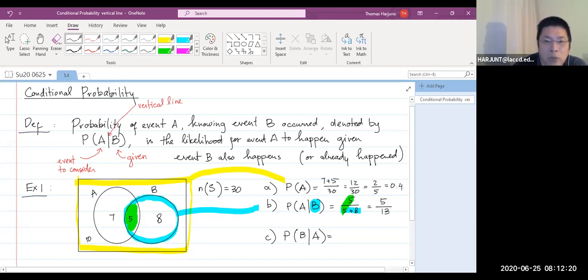How many elements do we select from? 5 plus 7, which is 12, right? Now of those 12 elements in A, how many of them are also in B? 5.